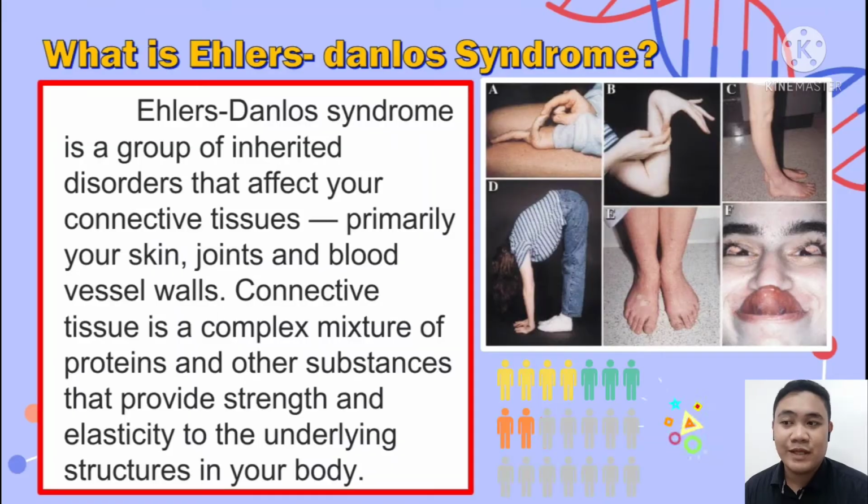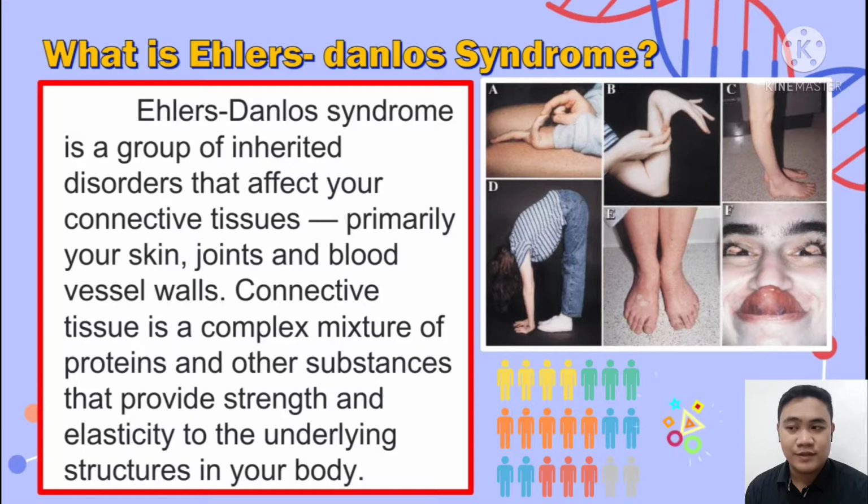Now, we proceed with understanding what is Ehlers-Danlos Syndrome, or EDS for short. By definition, Ehlers-Danlos Syndrome is a group of inherited disorders that affect your connective tissues, primarily your skin, joints, and blood vessel walls.